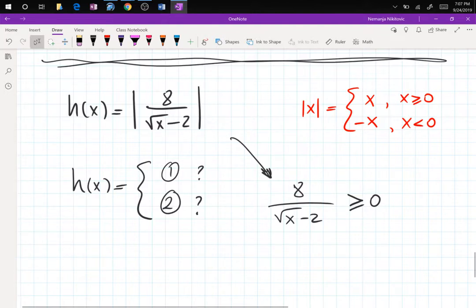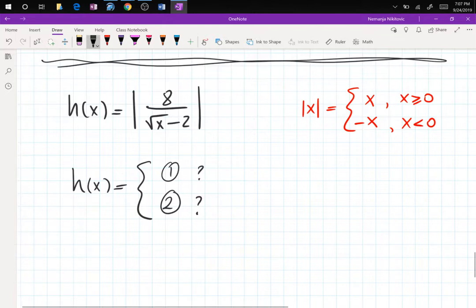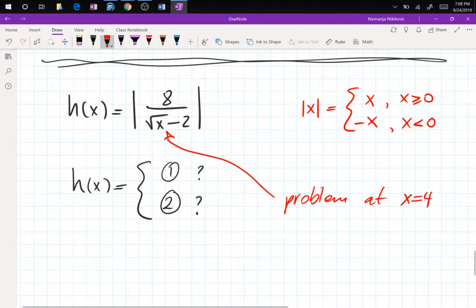Actually, you know what? This is an easy problem, so let's not worry about that. Which value over here would make a problem? 4. Let's write it this way. Problem at x equals 4. Problem sounds like a math problem, so let's change that.